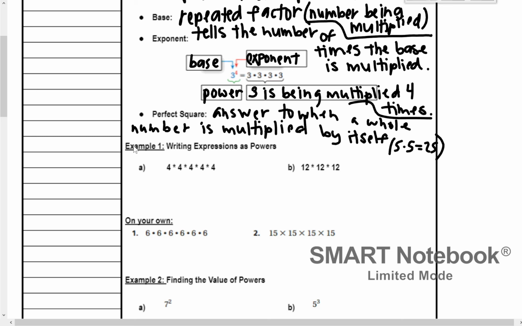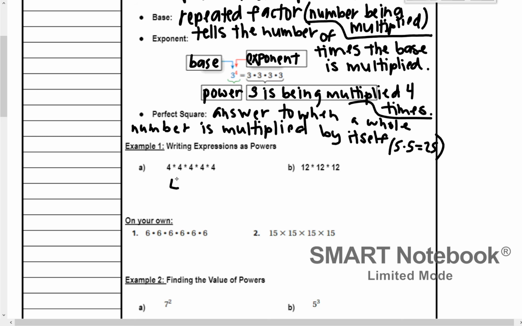Now there are different kinds of problems that we're going to be asked to do. Writing expressions as powers. This is what we call an expression. It's not an equation because it does not have an equal sign to a number. We are going to write this expression in this format. We have our base, which is the number that's being multiplied, which in this case is 4.